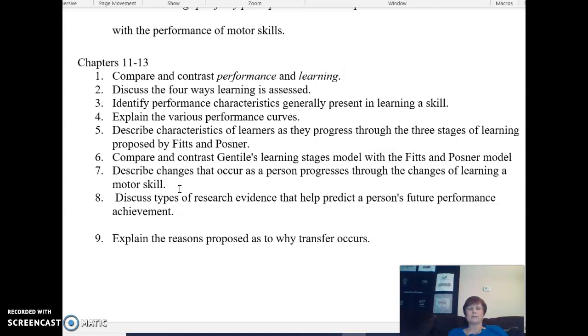And we briefly talked about the research, but we came to the conclusion that research does not support the idea that if you're successful at the beginning of learning a motor skill, that will make you very successful later on.